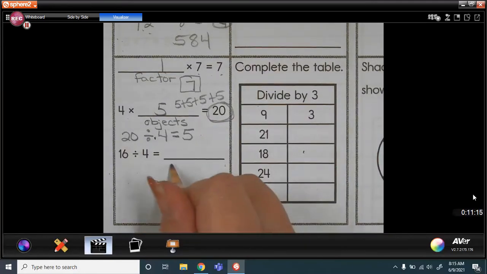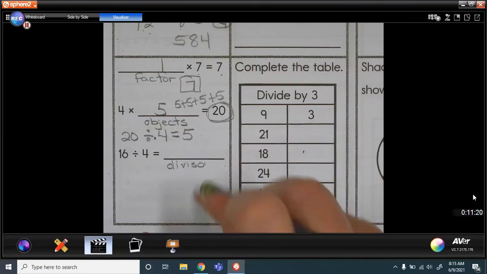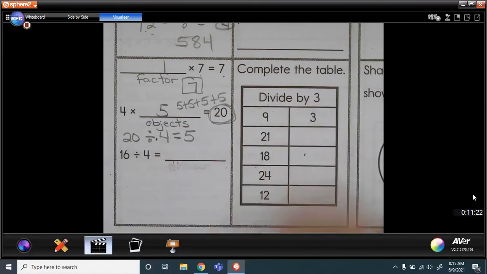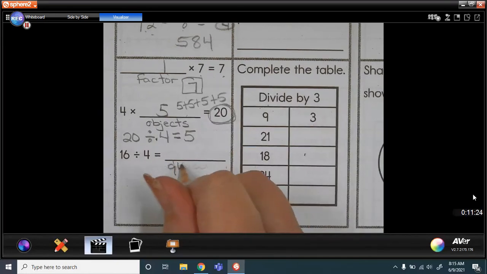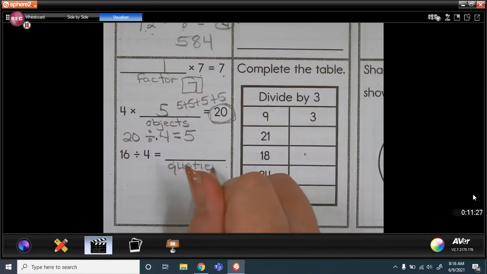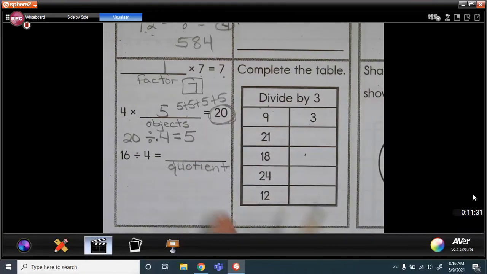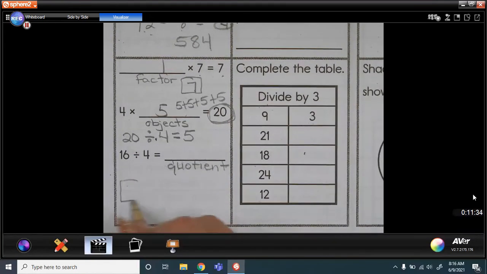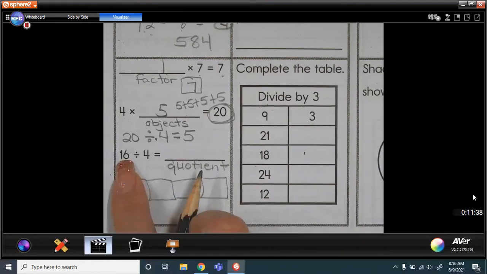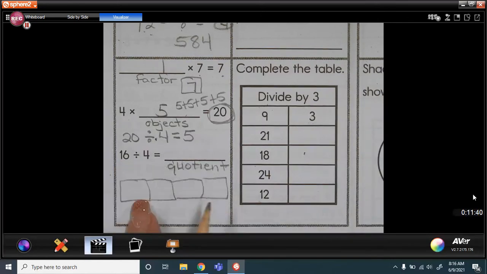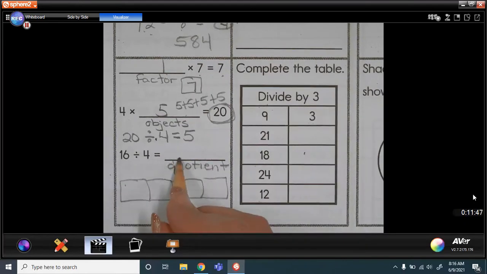And now I'm looking for my divisor. No, I'm sorry. I take that back. My mistake. Your quotient. As I was writing this, I realized I did not have the term correctly. So we're missing our quotient. I have 4 groups. I'm going to take these apart into equal groups. That's what division is. We take the total and put them into equal groups to find out how many's in each group.